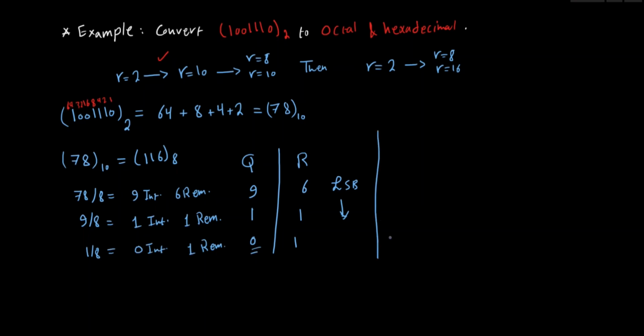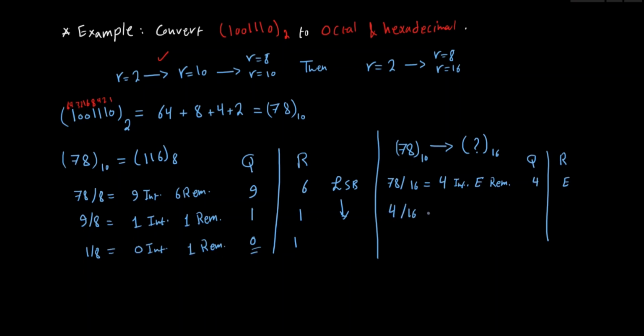Alright, and then let's convert 78 decimal to the hexadecimal system. Same approach applies here. Quotient column, remainder column. 78 divided by 16. That is 4 as an integer and 14 as a remainder. 14 is equivalent to E in the hexadecimal system. So we have 4 in the quotient column and E in the remainder column. 4 doesn't equal 0, so we continue. 4 divided by 16, that is 0 as an integer, 4 as a remainder.